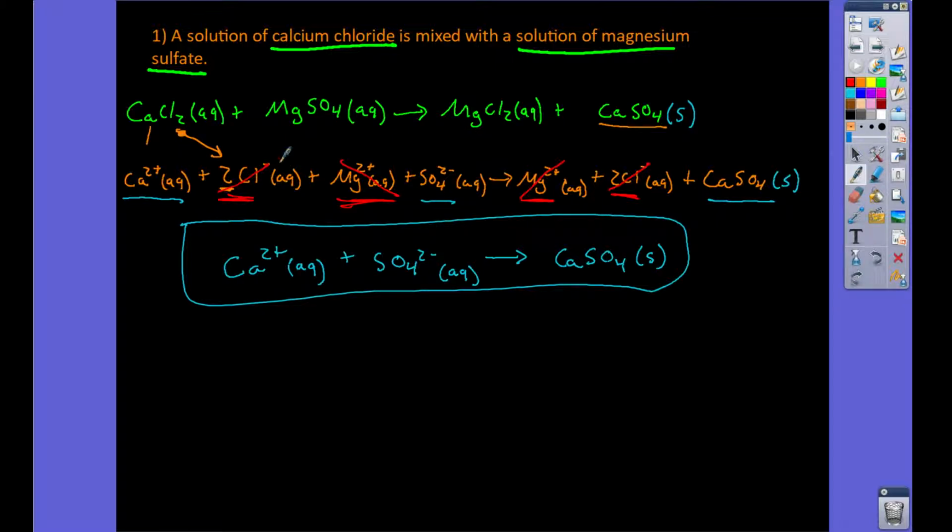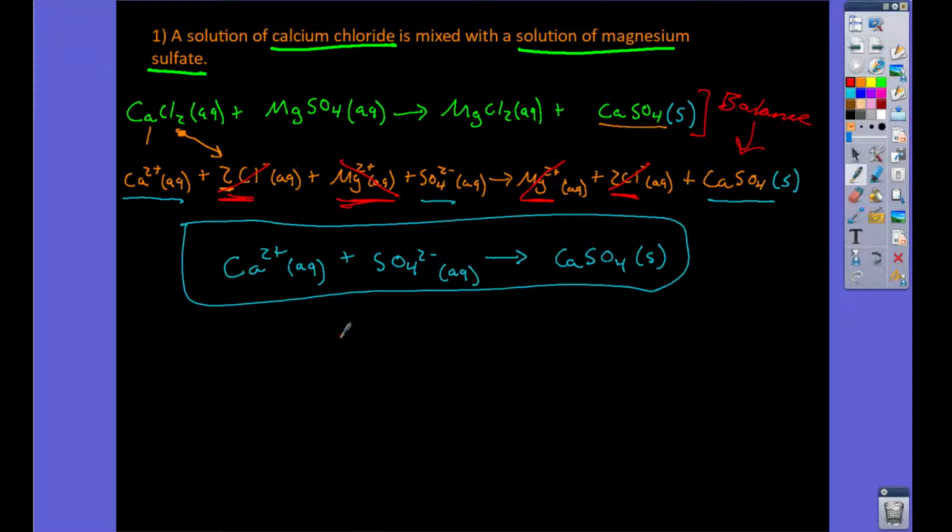So because it's already balanced as is, I didn't go through that step. But what you would do is balance this first before moving on to the complete ionic equation down here. And the reason behind that is that the balancing is going to affect the net ionic equation.